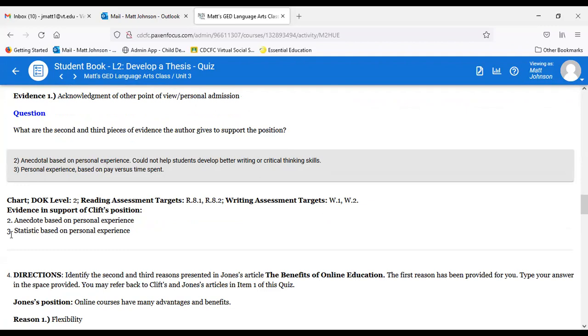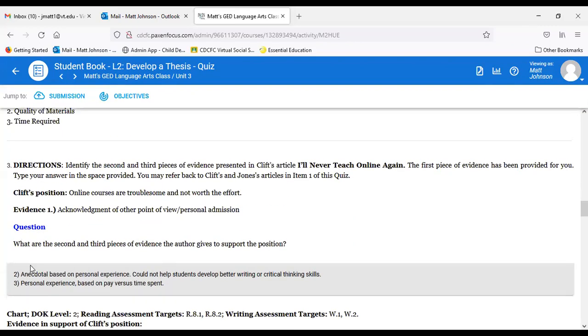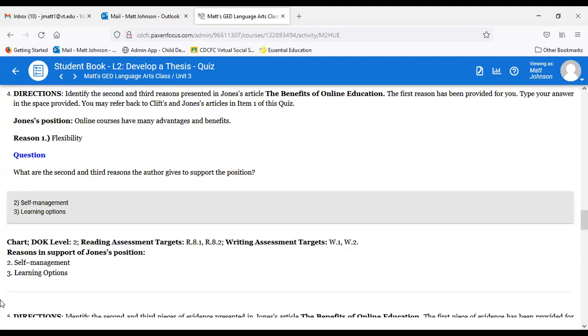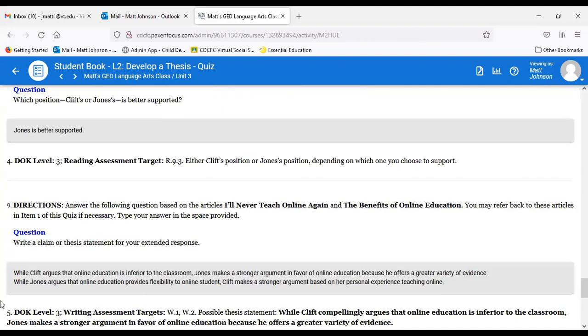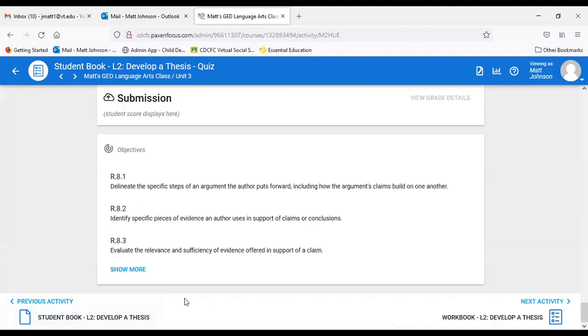Anecdote based on personal experience, statistic based on personal experience. And then that's what we put in our response. Anecdotal based on personal experience, could not help students develop better writing or critical thinking skills. Personal experience based on pay versus time spent. Okay, so no wrong answers technically today.